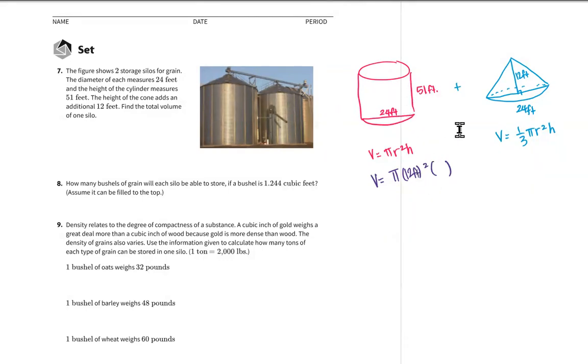Our height is 51 feet, so I'm going to put 51 feet. And then I'm going to add that to 1/3 pi r squared times h. H in this case is 12 feet. R in this case is still 12 feet.